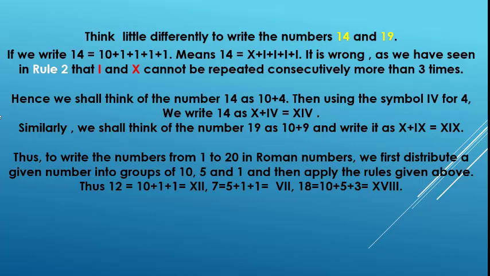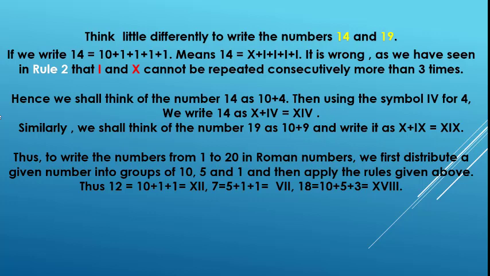Hence, we shall think of the number 14 as 10 plus 4. Then using the symbol for 4, we write 14 as X plus IV, which is equal to 14 in Roman numbers. Similarly, we shall think of the number 19 as 10 plus 9 and write it as X plus IX in Roman numbers, which is equal to 19.